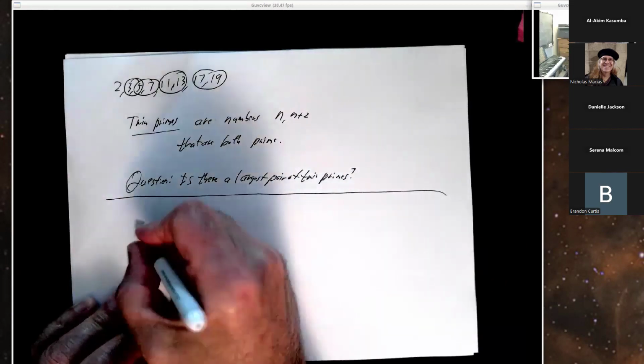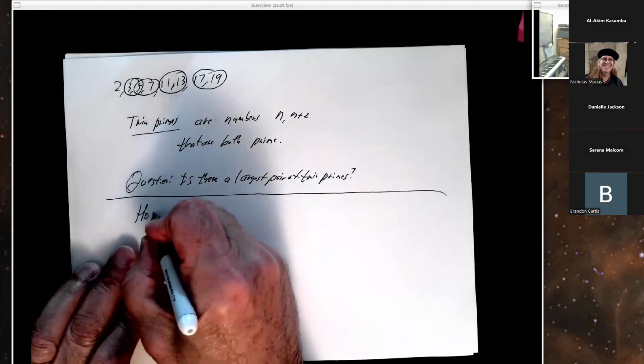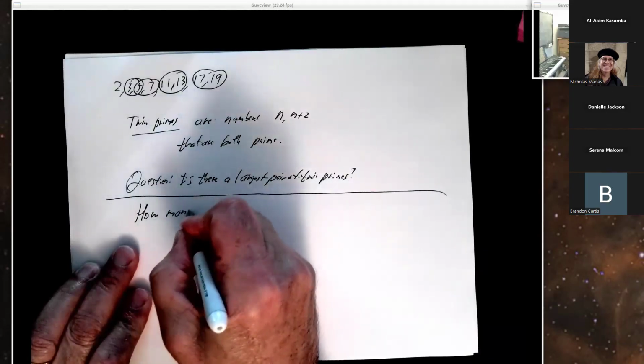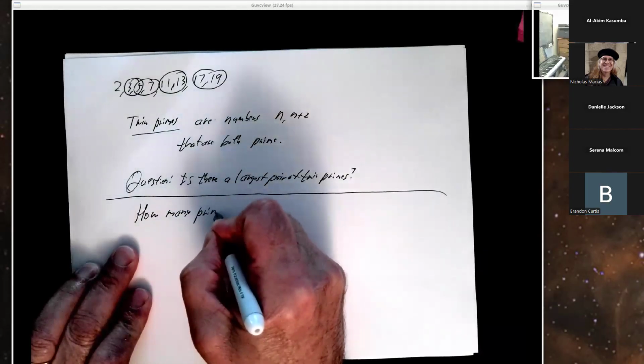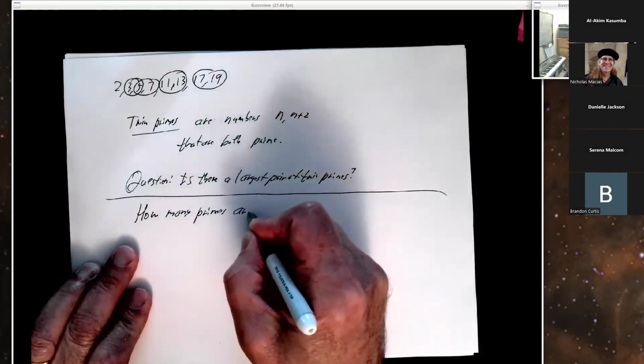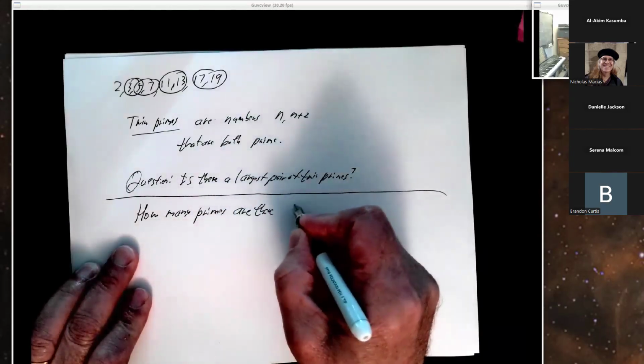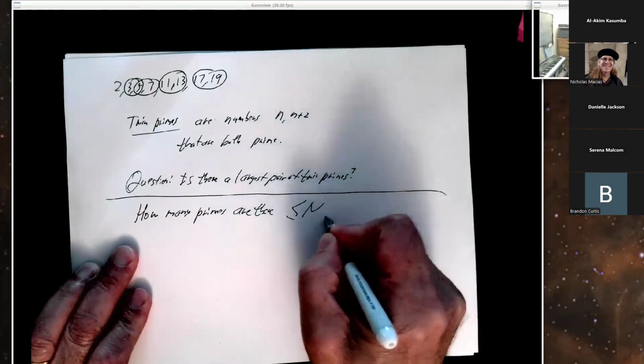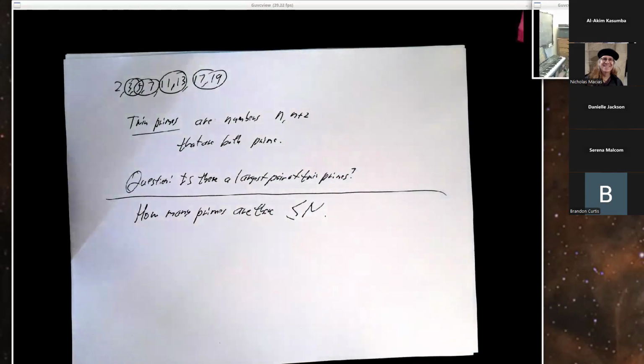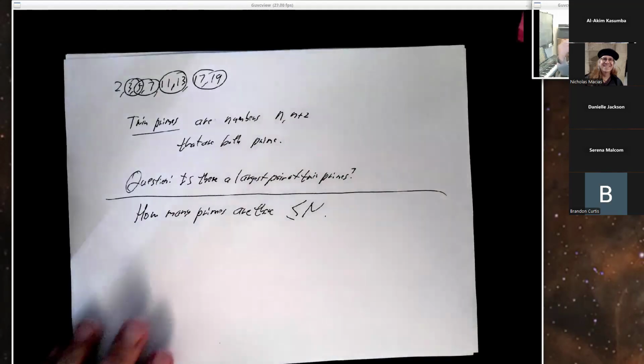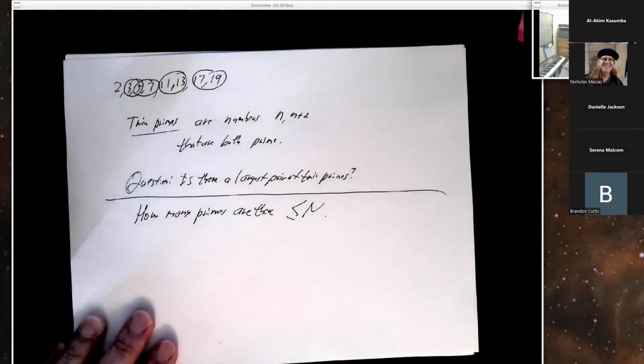So related to that is the question, how many primes are there below some point? So if you go up to 100, there's, I don't know, maybe 20 prime numbers. If you go up to 1,000, there's not 200 prime numbers.